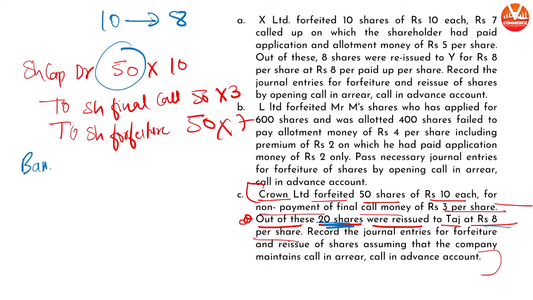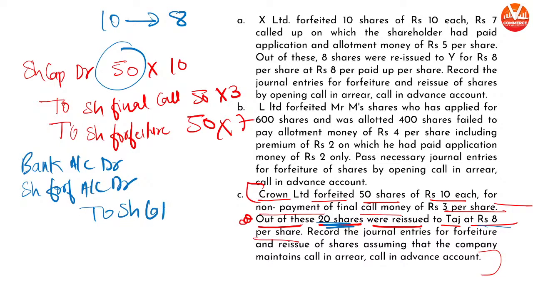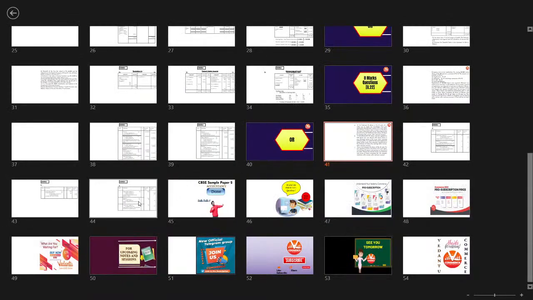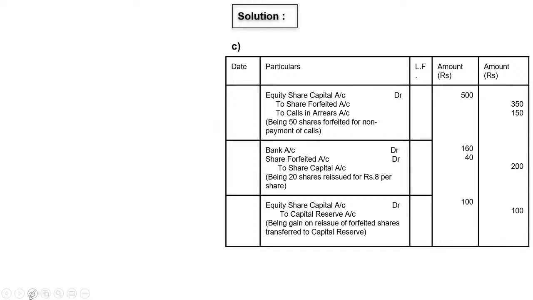So now the journal entry for reissue will be bank account debit, share forfeiture account debit, to share capital. 20 shares are given 2 rupees discount and the face value is 10 per share. And then you have to calculate the balance which has to be transferred to capital reserve.